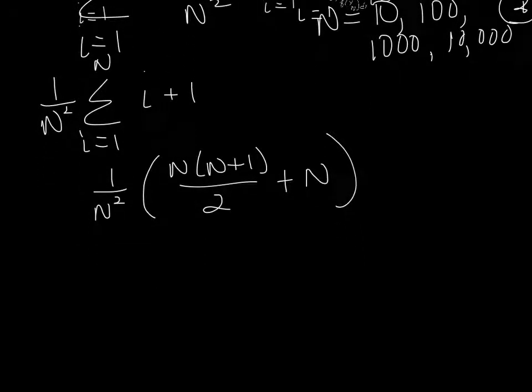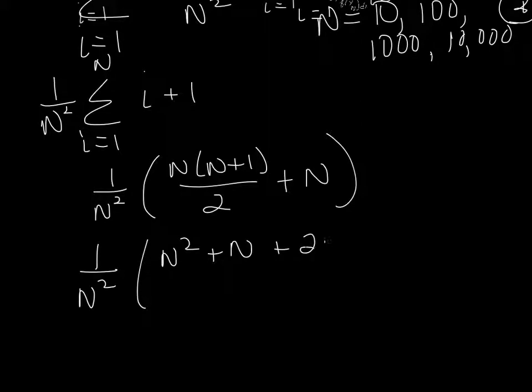Algebra here, let's get a common denominator. And I'm going to go ahead and multiply across the top. We have n squared plus n plus 2n all over 2. Is that all right? Does that make sense? Yes.